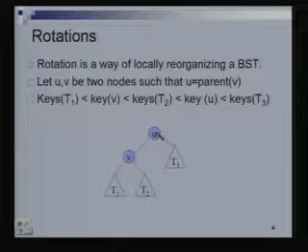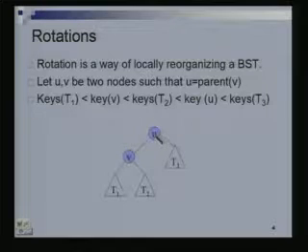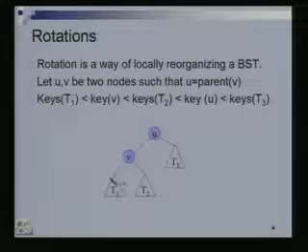U is one node, V is its child, and these are some subtrees. This is the subtree rooted at the right child of U, this is the subtree rooted at the right child of V, this is the subtree rooted at the left child of V. This could be a null tree, no node, or could be a huge tree, I do not care.